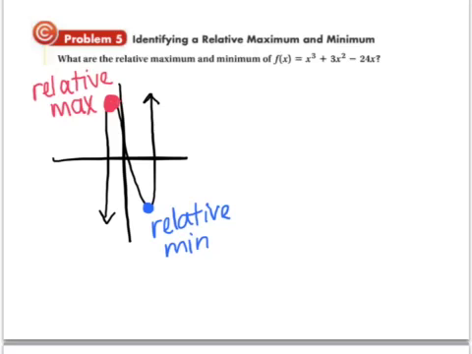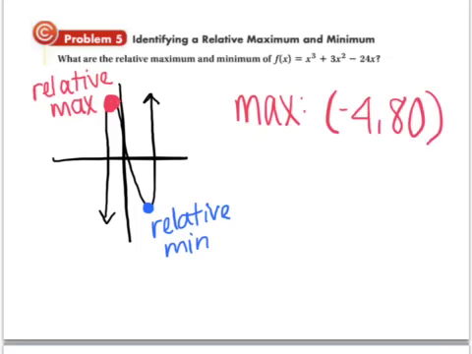All you have to do to find these max and mins is zoom in using your graphing tool and look at the ordered pair. Relative maximums and minimums are written as points. Did anyone get the maximum? Jess? -480. Very good. And what about the minimum?